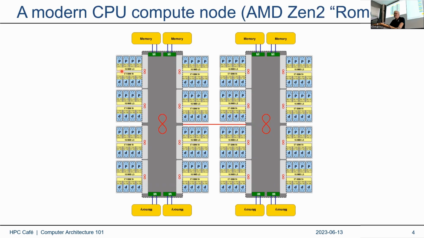These 4 cores share a common L3 cache, and there are 2 of these 4-core groups connected together on a chip. So each 8-core group is actually a chip, and then 8 of these comprise the full socket. And we have 4 distinct memory interfaces, which makes it even more complicated. Then there's a second socket, which is connected via some hopefully high-performance interconnect. So you see there's a lot of substructure.